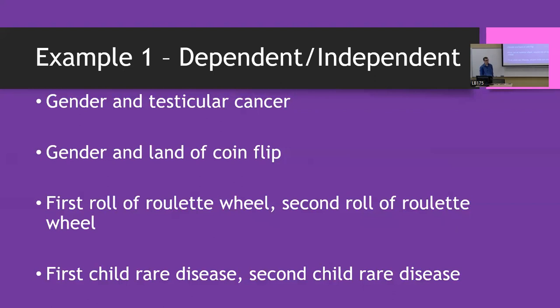The person who's female who flips a coin and the person who is male who flips the coin have an equal shot of getting heads on that coin flip. So those would be independent. Your gender would have nothing to do with whether, when you flip a coin, it's more or less likely to land on heads.